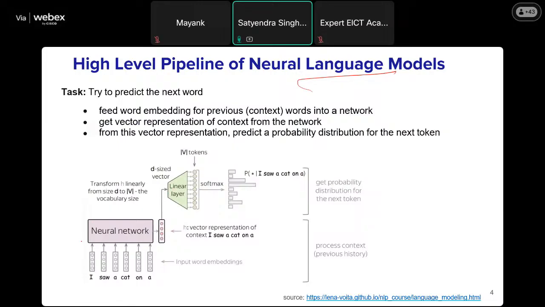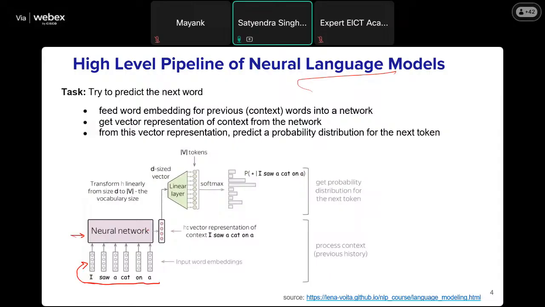So if you see here, the neural network takes the context words, the previous words. Those words are not directly given; obviously, the numerical representation of those words, basically word vectors or word embeddings, are given to the neural network.